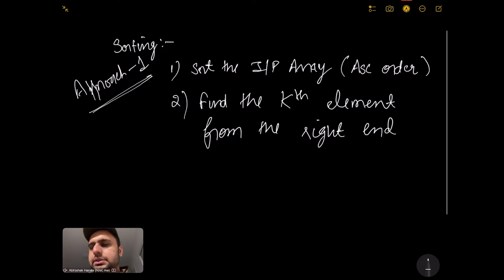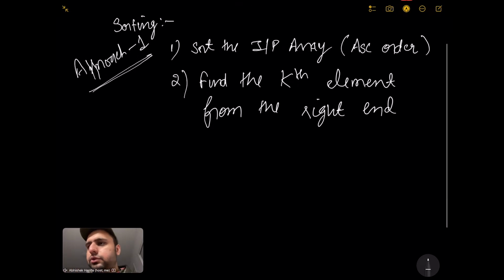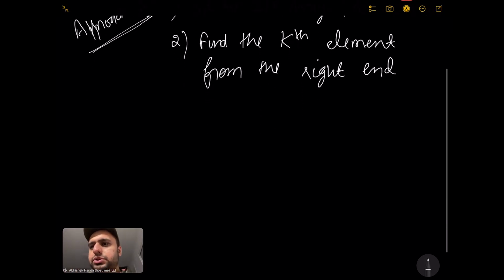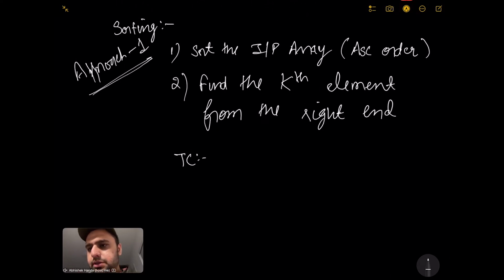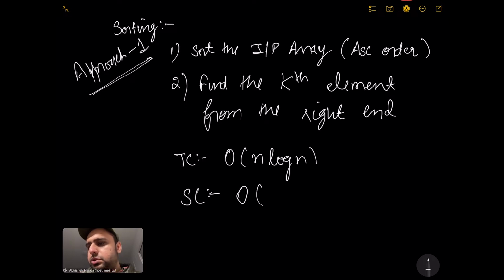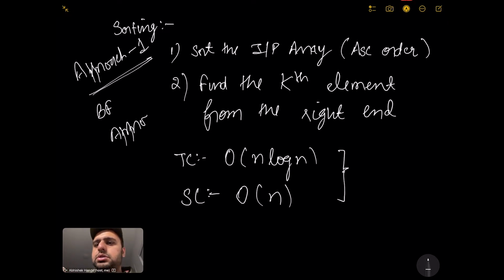Let's visualize the time complexity of this approach. The time complexity for a sorting algorithm like merge sort or quick sort is simply O(n log n), and on top of that we need space for the sorting algorithm proportional to O(n). So this is the brute force approach with which we can solve this problem.